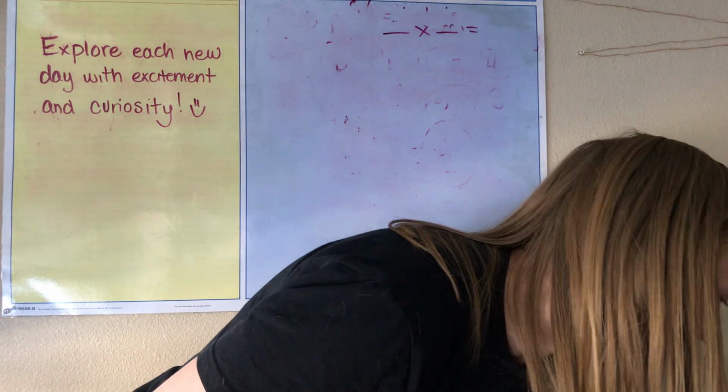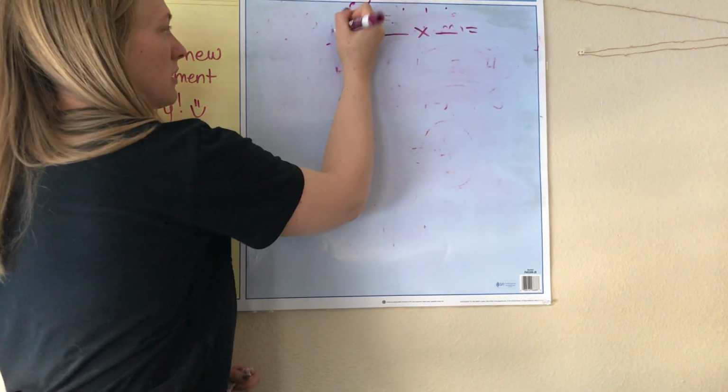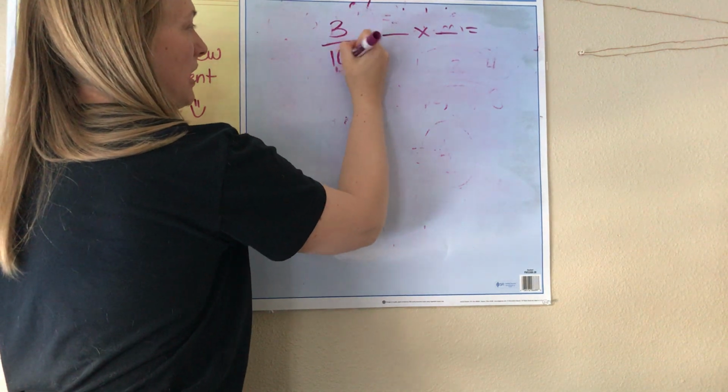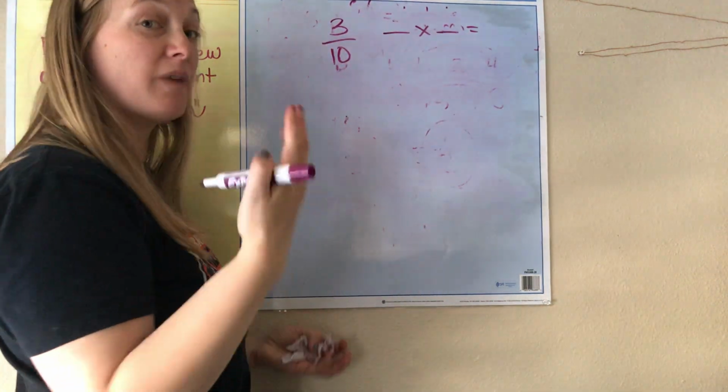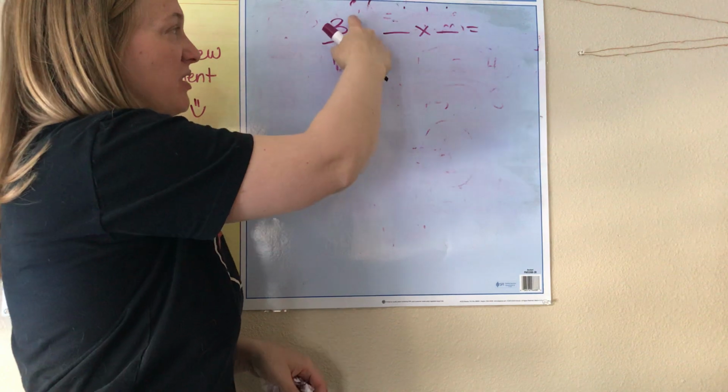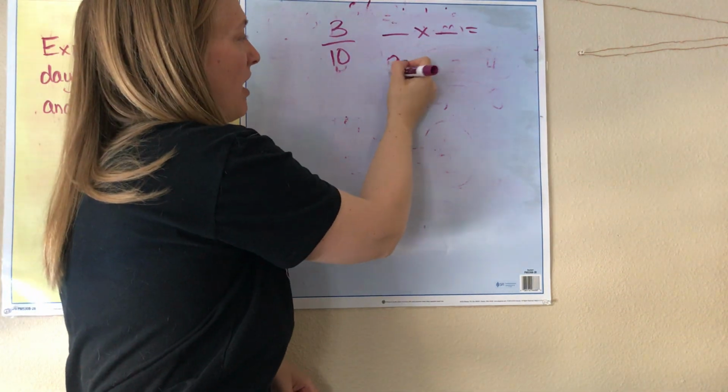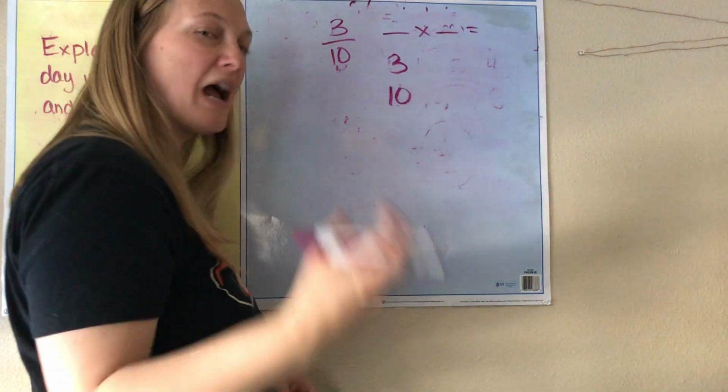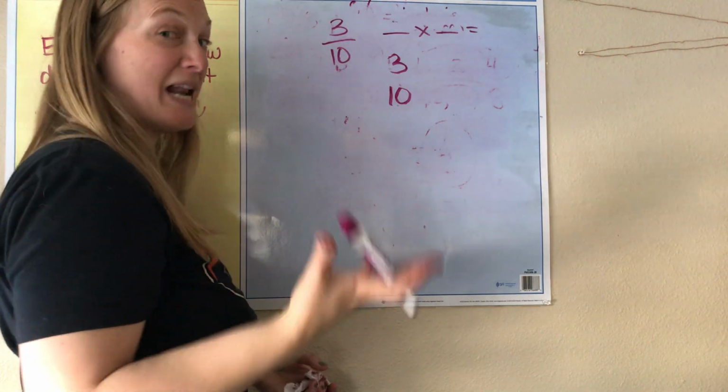All right, can we reduce 3/10? Let's look at it. 3/10. Okay, I'm going to find the GCF, greatest common factor of 3 and 10. If there is a greatest common factor, I can reduce. If there isn't, then I can't reduce.